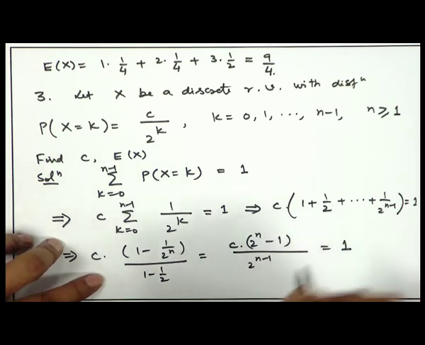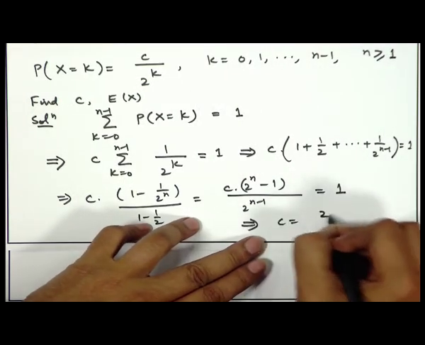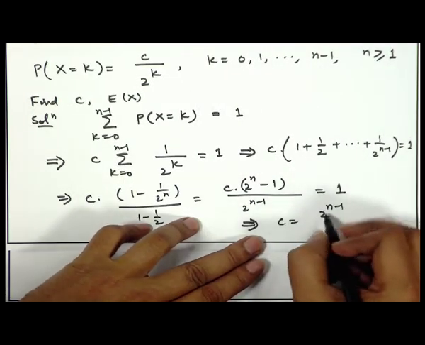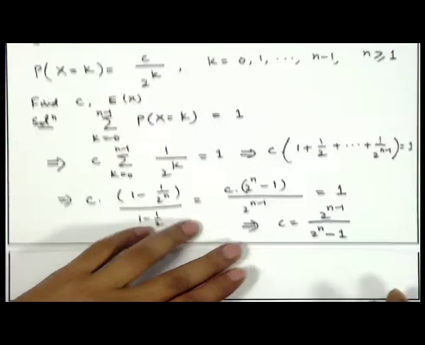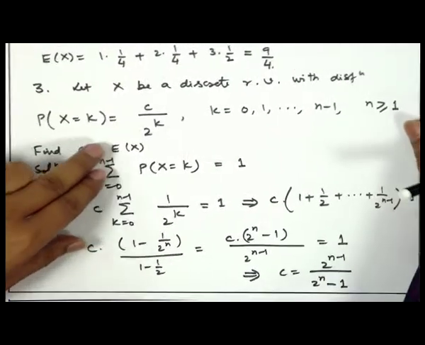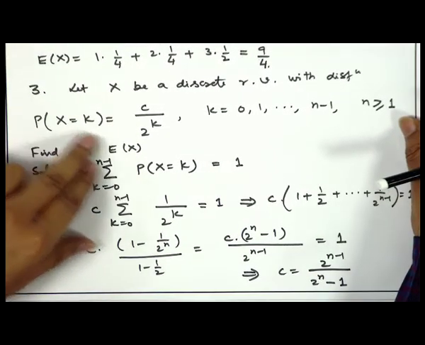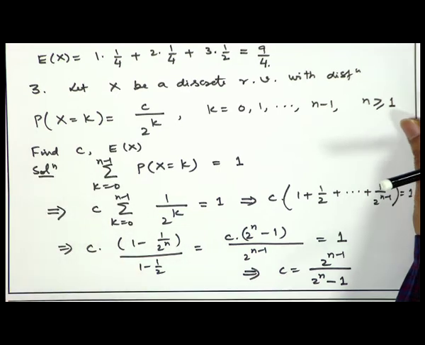Now we are saying this is equal to 1, which will give the value of c as 2 to the power n minus 1 divided by 2 to the power n minus 1. So in the distribution of x, the value of c is given by this.